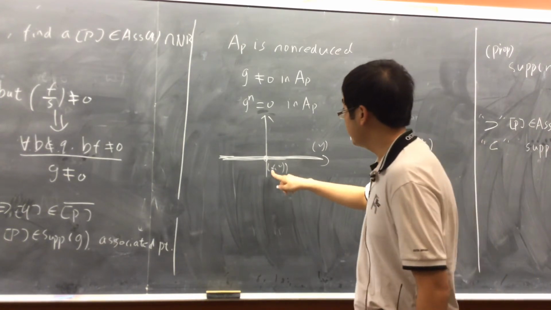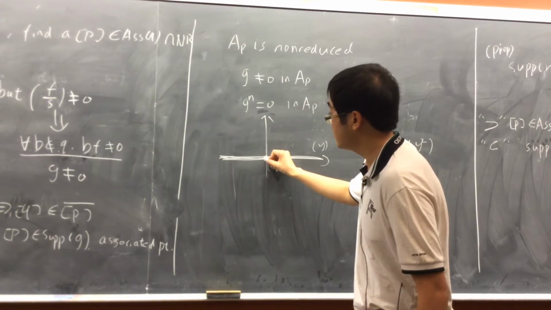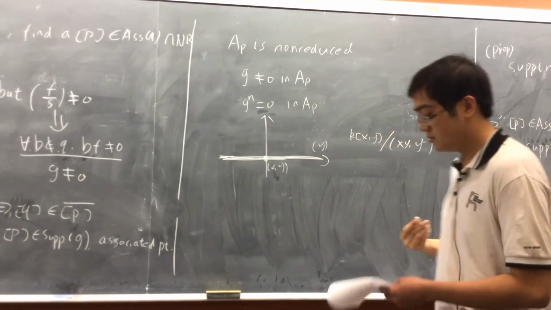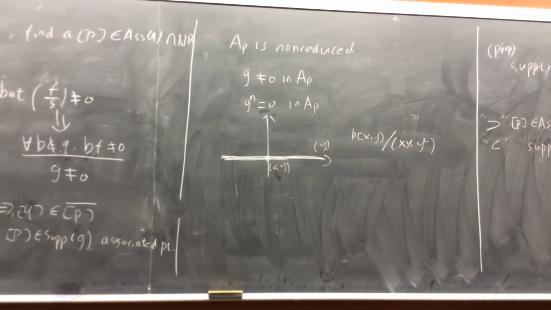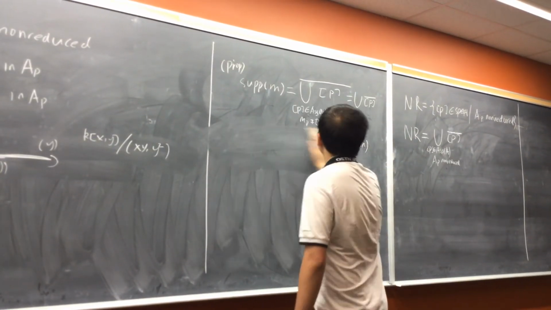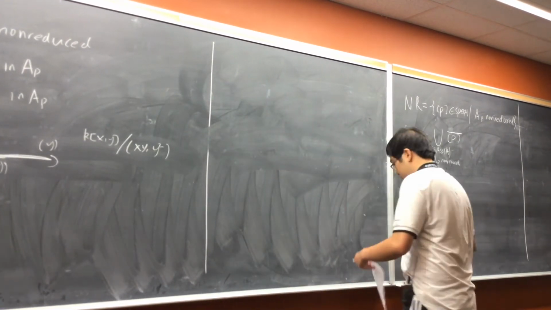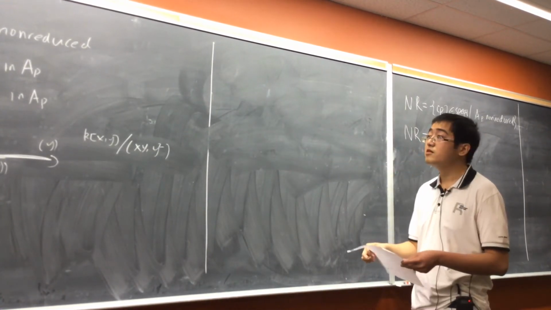So we immediately know that the only point that is non-reduced is in the closure of this point, which is just this point.